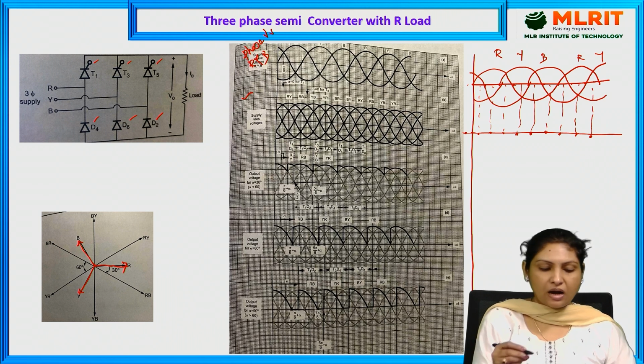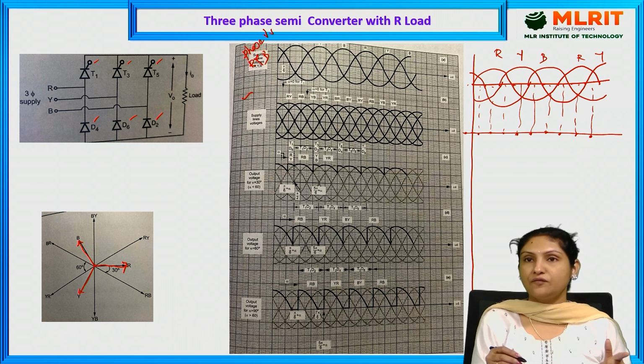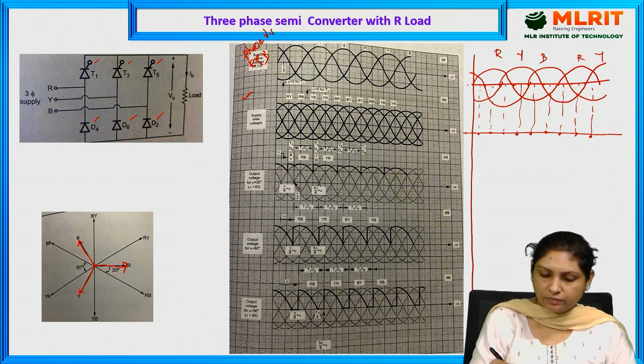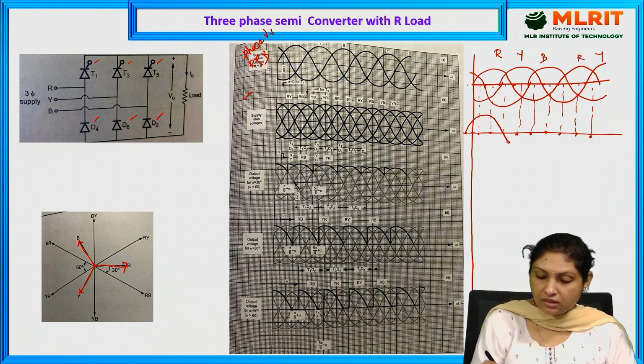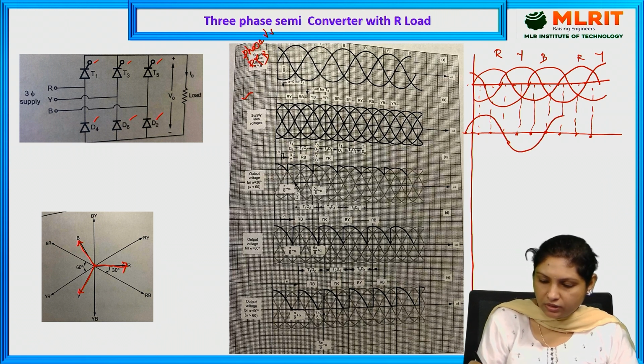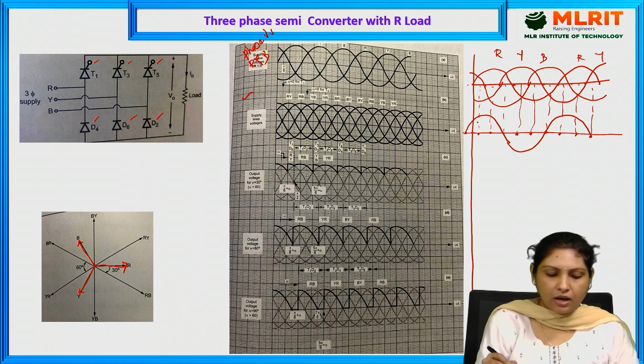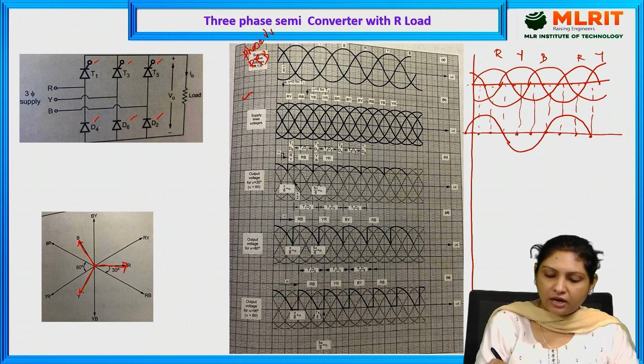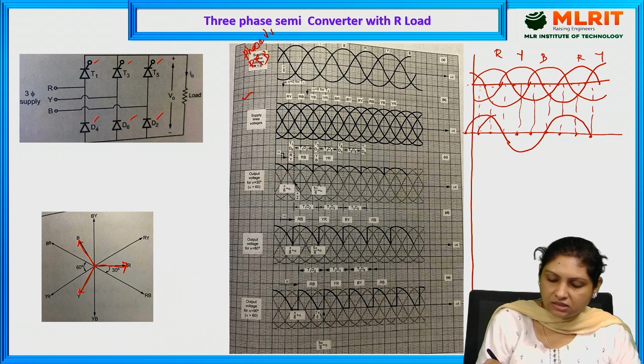If you see, RY is leading R phase by 30 degrees. So let me draw the RY line voltage here. These are the line voltages. And RB lags behind RY by 60 degrees.